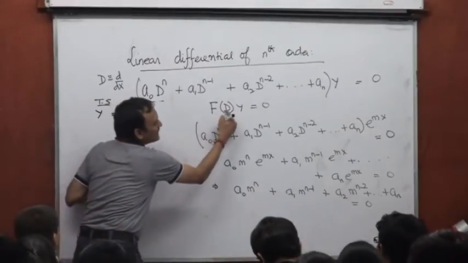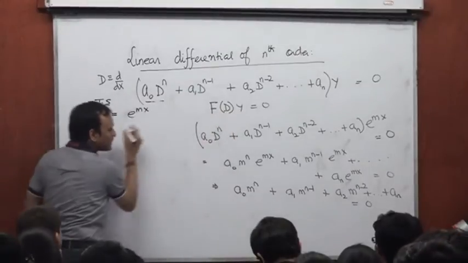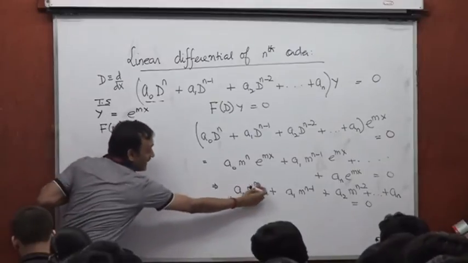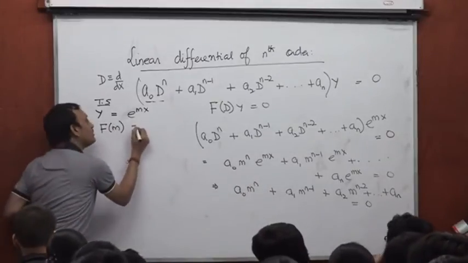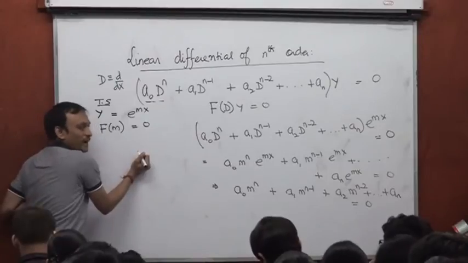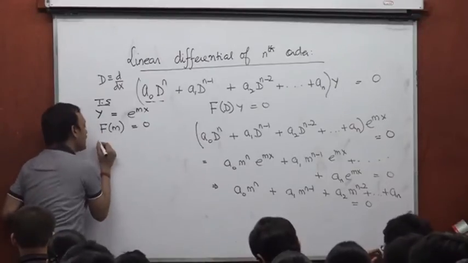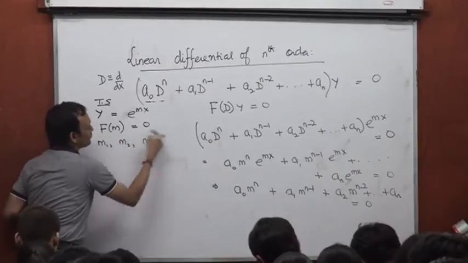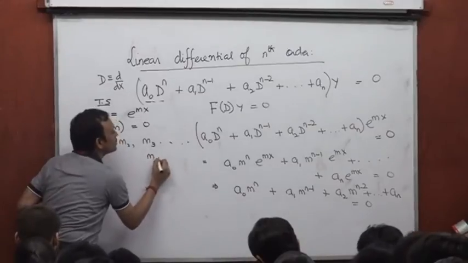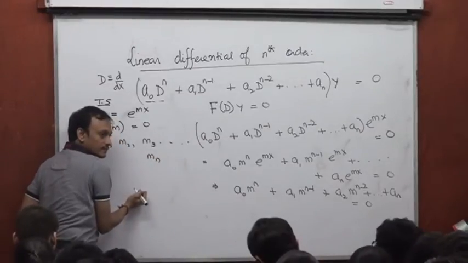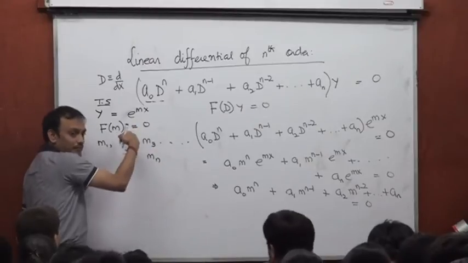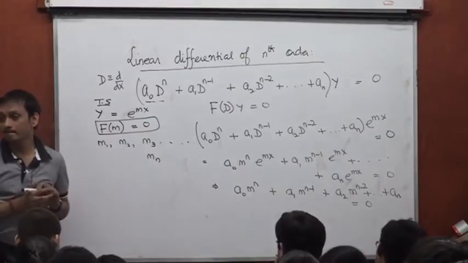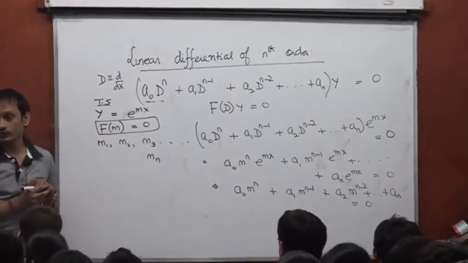How do I obtain m? If I replace the D's by m's in this operator function, F(m) is a polynomial of degree n in m. So F(m) = 0. When I solve this, the n values of m that emerge are m1, m2, m3, and so on.